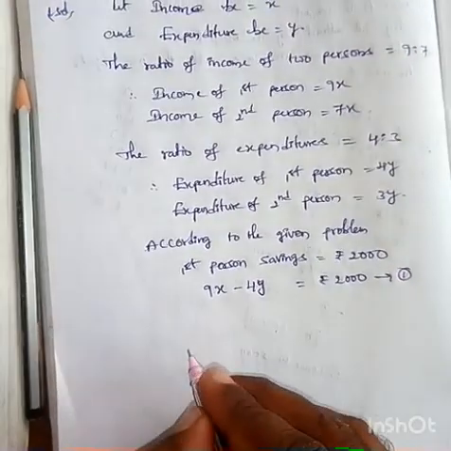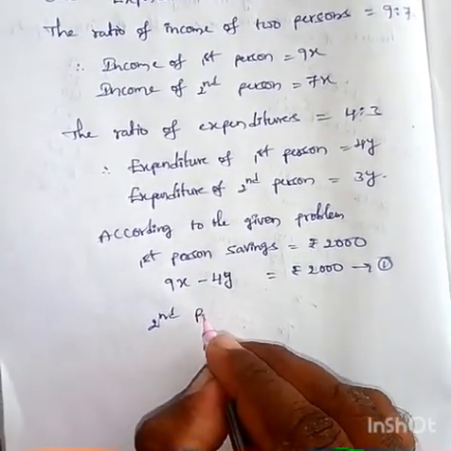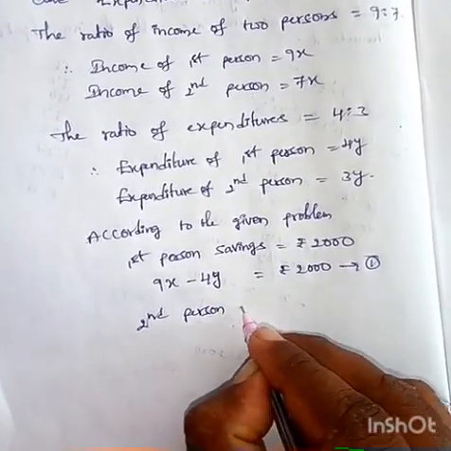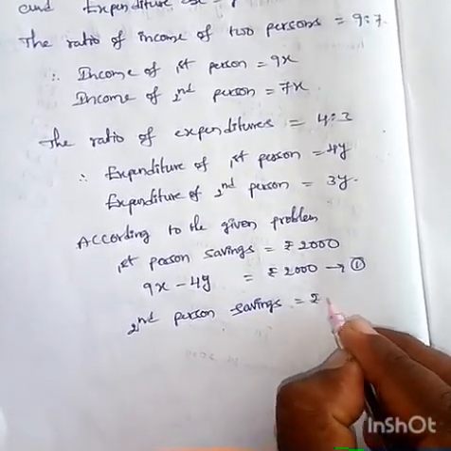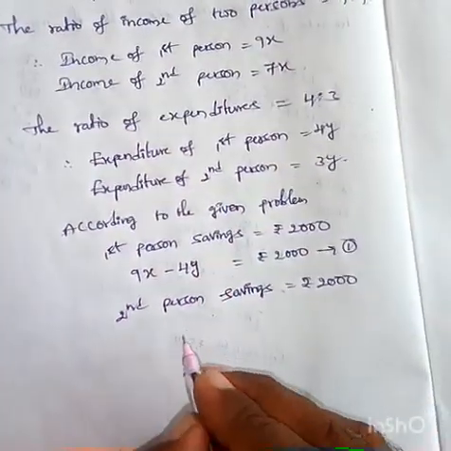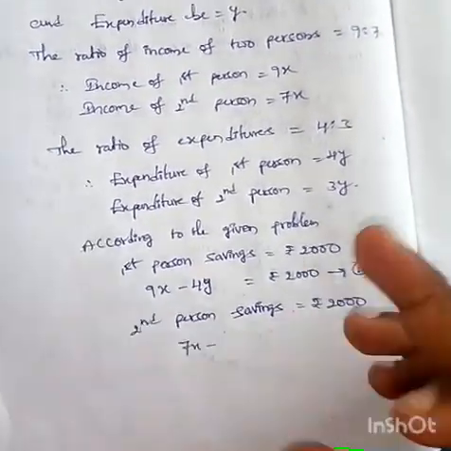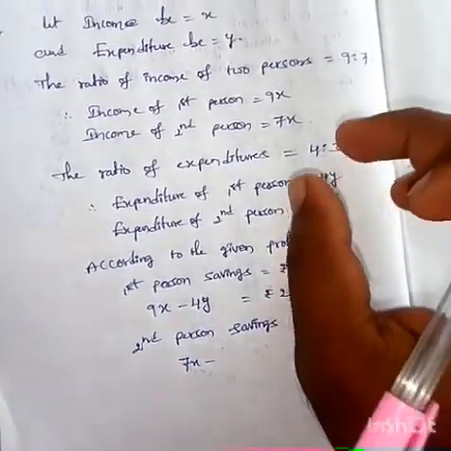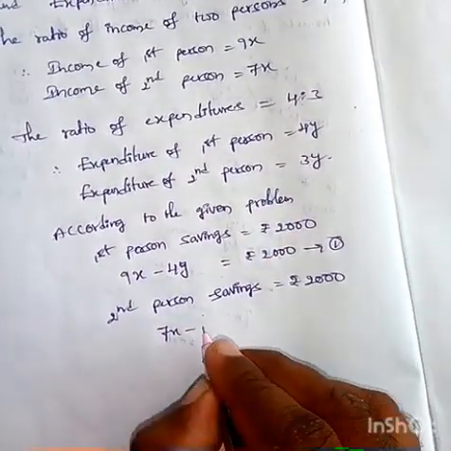Got it? Similarly, second person also saves 2000 rupees. That means second person saving equal to 2000 rupees. That is, his income is 7x, and from this income he uses the amount for expenditure, which is 3y rupees.